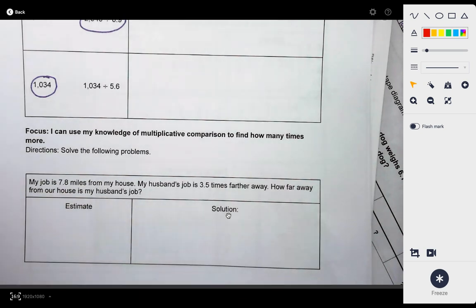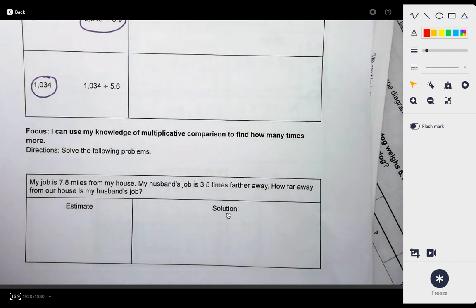So I can use my knowledge of multiplicative comparison, so comparing different quantities, to find how many times more. Solve the following problems. So my job is 7 and 8/10 miles from my house. My husband's job is 3 and 5/10 times farther away. How far away from our house is my husband's job?